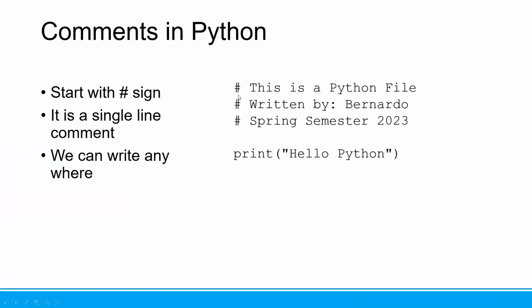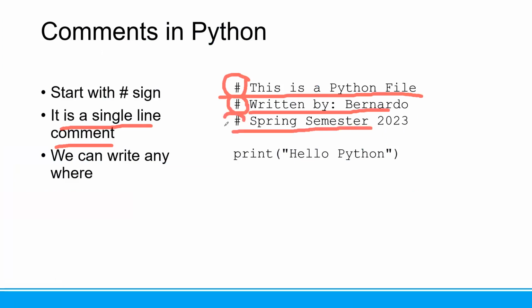If everything is after the sharp, then it will be a comment. And as you know, this is a single line comment. So one line should start with the sharp. And you can write anywhere.